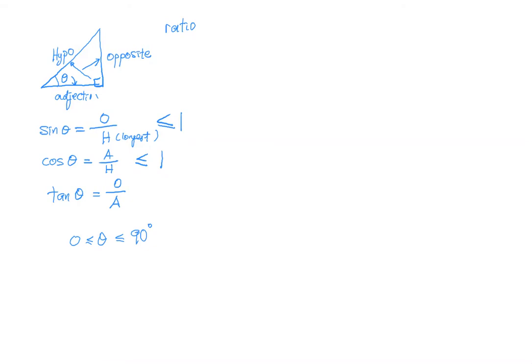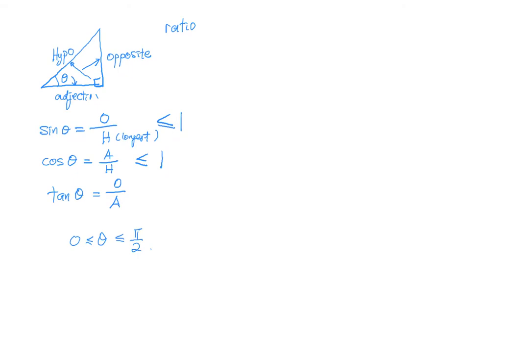No. So should we still write 90 or pi by 2? I should write pi by 2, okay? Why? Because we are learning calculus.